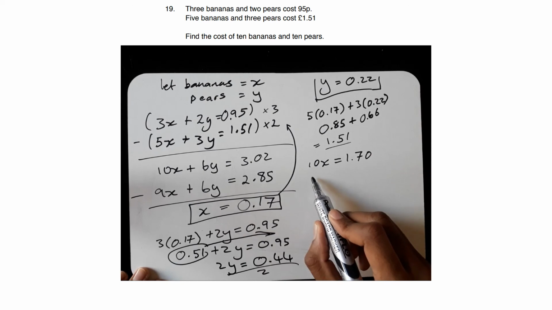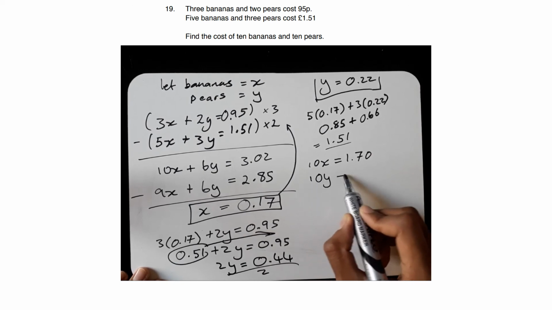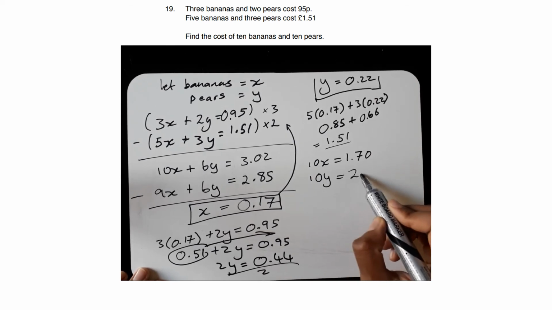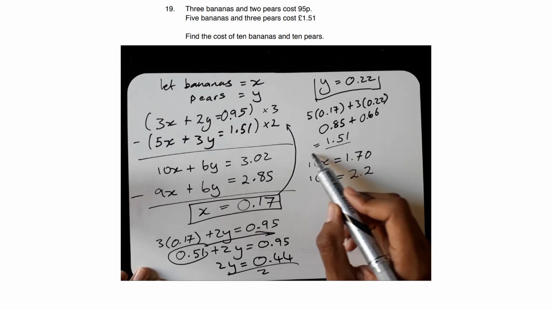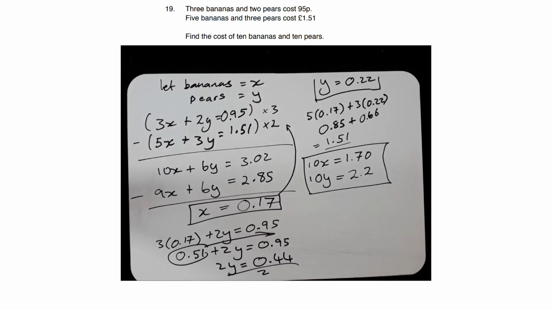And then the cost of 10 pears will be 2.2. That's our answer.